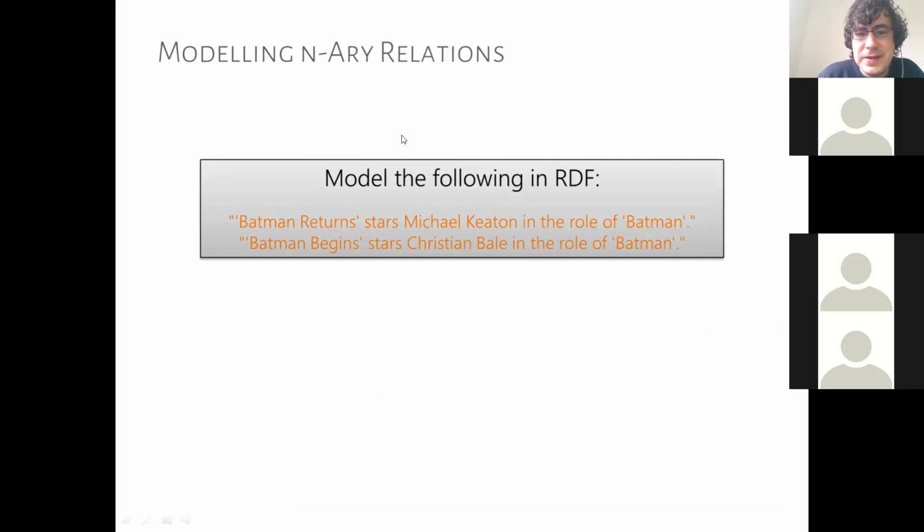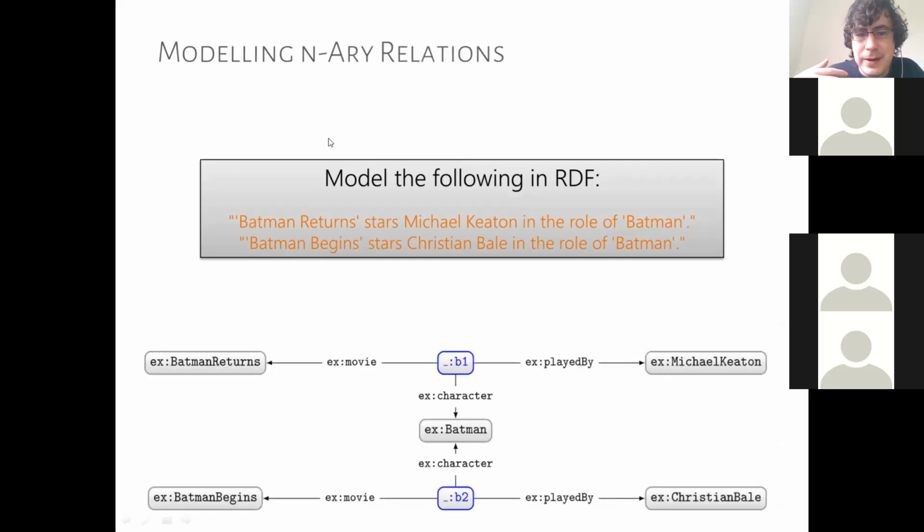So in general, we need to think about modeling n-ary relations. Graphs are very good for modeling binary relations, for example, Batman Returns stars Michael Keaton. But if we want to say Batman Returns stars Michael Keaton in the role of Batman, this is a little trickier to do. What we can always do is create a new node.